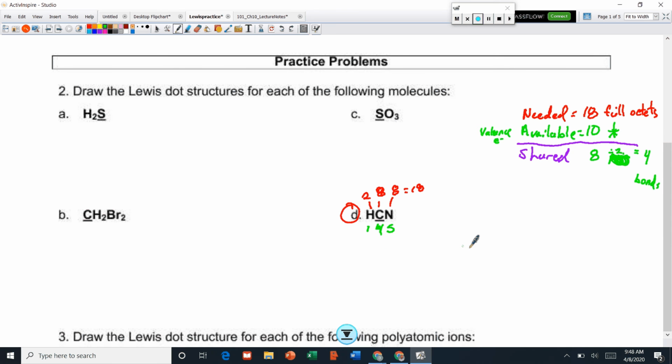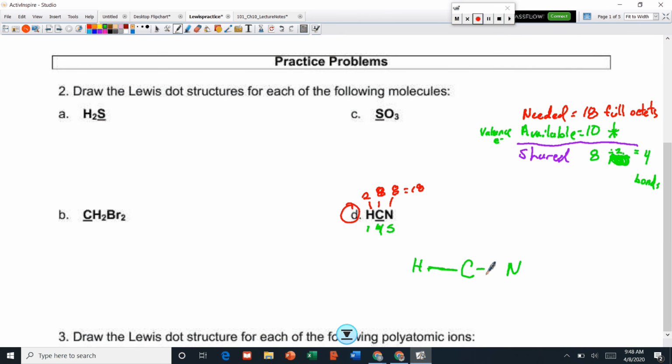All right, now, so let's go ahead and draw this and look at it as a drawing. All right, so I'm going to put carbon as my central element. And I'm going to put hydrogen on one side and nitrogen on the other. So remember, hydrogen can only hold a maximum of 2 electrons. So that's a single bond. Carbon needs 8 electrons around it, and nitrogen needs 8 electrons around it.